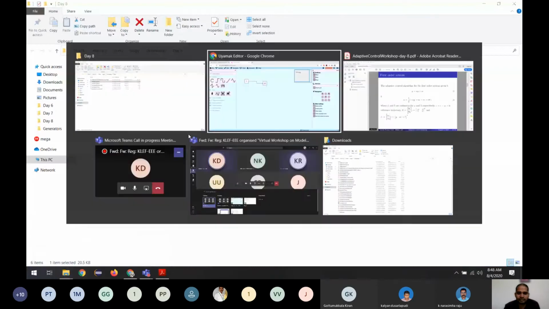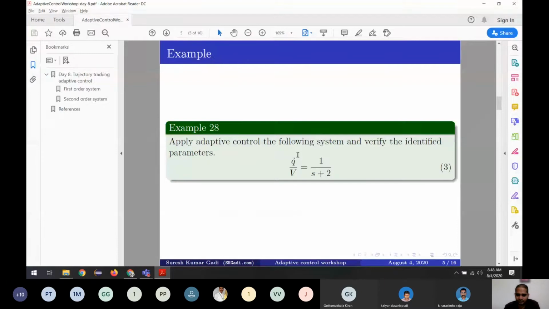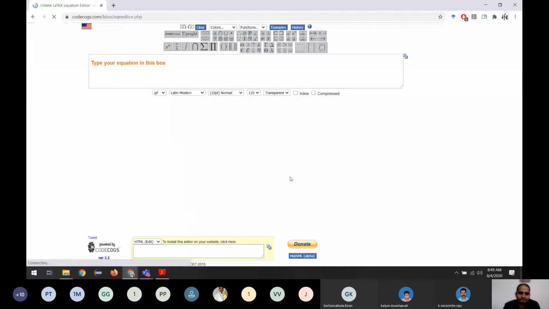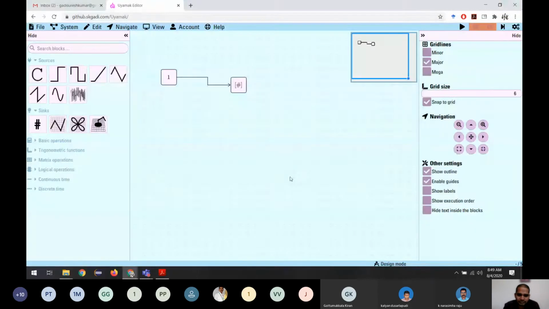So what is the example? Let us go to the example. The example says apply adaptive control to the following system. This is the transfer function. If we rearrange this, I'll show how it looks.